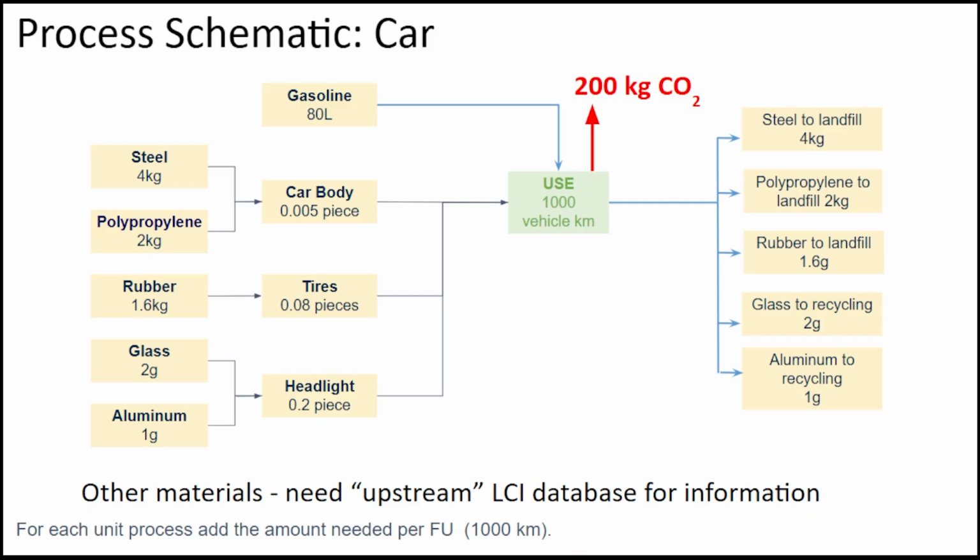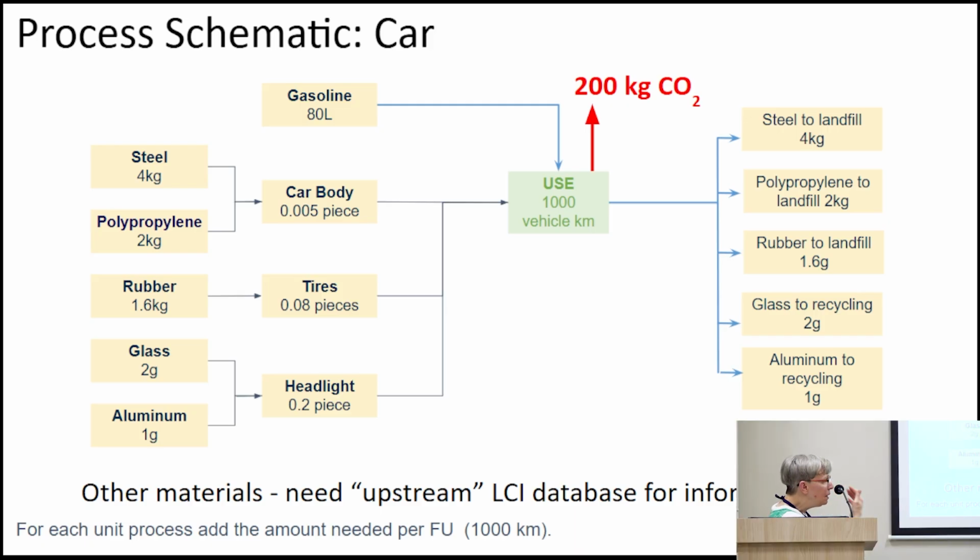So for the other upstream, like how you make the steel, how you make the polypropylene, you often go to a database that has all that upstream. You look up steel, and it gives you all the life cycle inventory output for steel. So I just wanted to share that with you to give you some idea of life cycle inventory types of calculations.